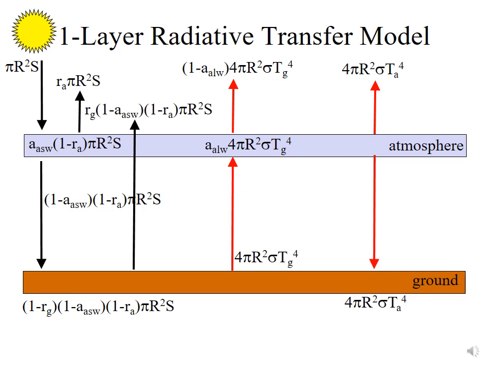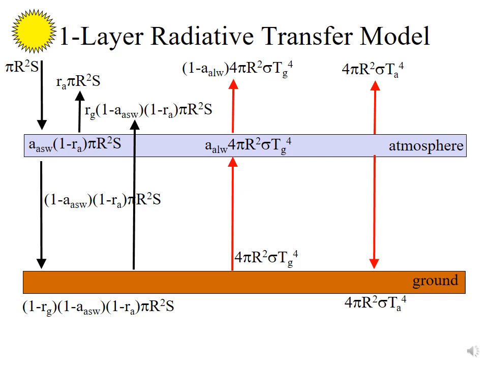That radiation is incident upon the atmosphere, and some of that is absorbed, so we include the absorptivity of the atmosphere in the long wave, A subscript LW. The amount that makes it to space is whatever wasn't absorbed, so that's 1 minus A LW times 4 pi r squared sigma Tg to the fourth. That completes the stream of radiation emitted by the ground.